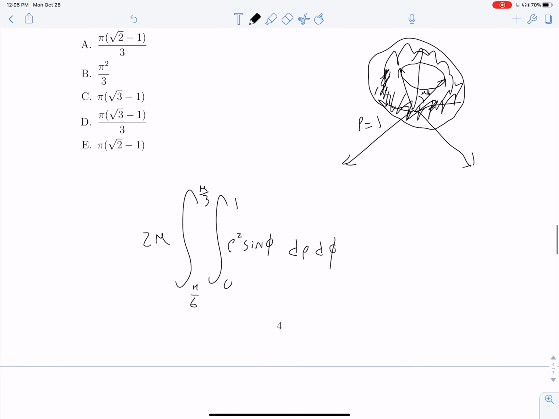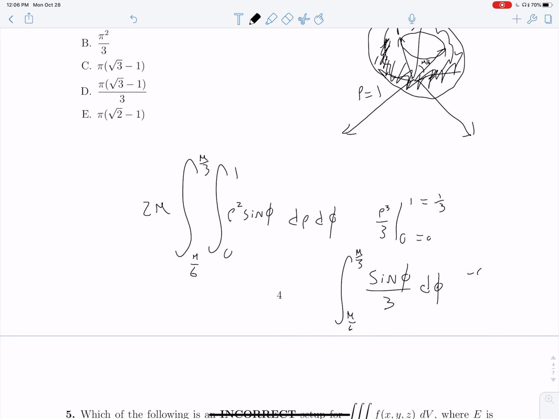Okay, and this is a pretty easy one to solve. We're going to get rho cubed over 3 evaluated from 0 to 1, so 1/3. And we'll add that back in. So sine of phi over 3. Nope, we're not evaluating yet. We've got to integrate from pi over 6 to pi over 3 d phi. That's a theta, it's supposed to be a phi.